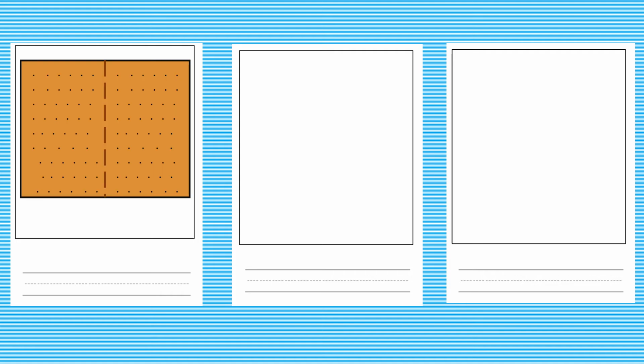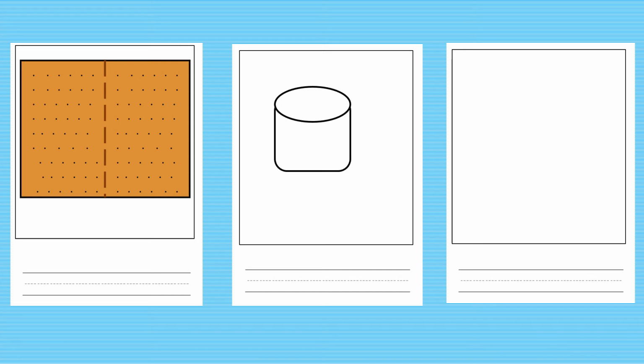Here are your pages. I would have them all out, and you would start with your first page, which is to draw a picture. So now my story is going to be about how to make s'mores. In my first paper, I would have my crackers. So you would draw crackers.